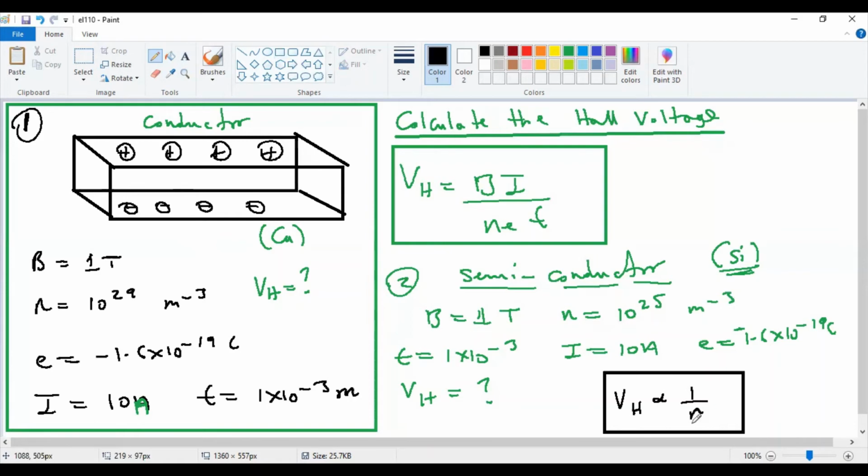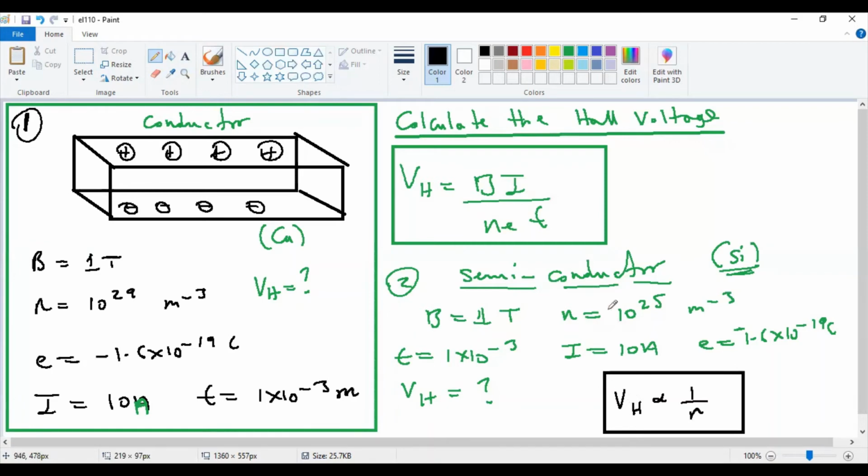As the number of charge carriers increases, you're going to register a much, much smaller Hall voltage. But if you decrease the charge carriers, so if N decreases, your Hall voltage will increase. So right here is inverse proportionality. If N decreases, VH increases. And if N increases, then I know that VH has to decrease.